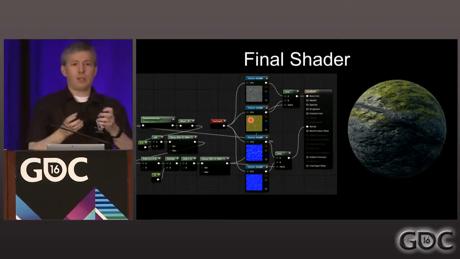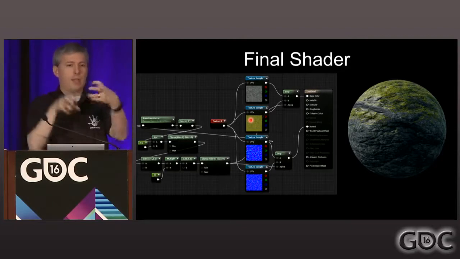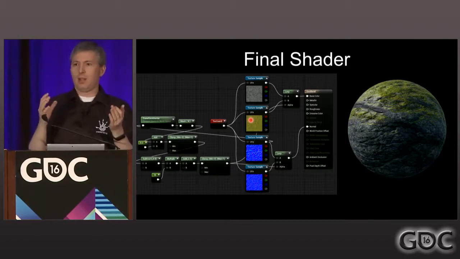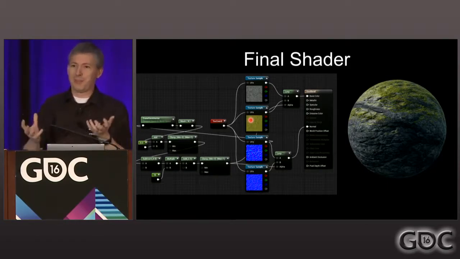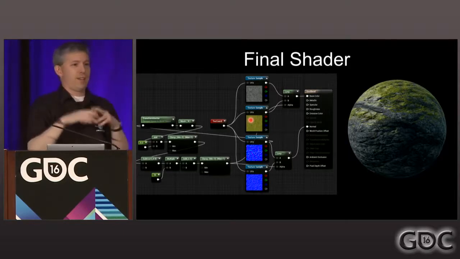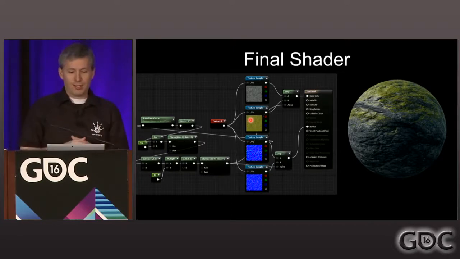The cool thing about that is you can make one rock that's a cool-looking shape and then rotate it lots of different ways, and it looks like you've made hundreds of rocks when you really just have one. Then you can take that one rock and put it in lots of environments, and it looks like you've made thousands of rocks, but you just made one, right? And this shader is what enables that to happen.